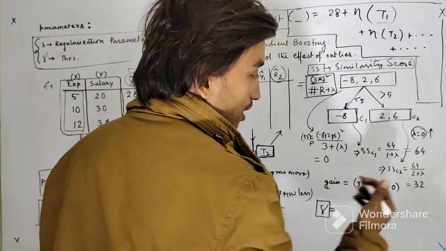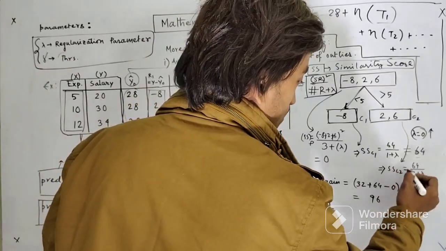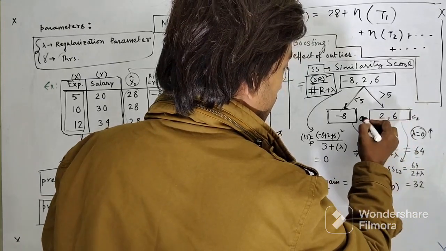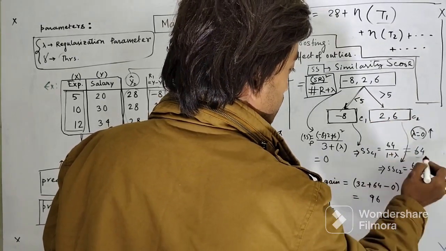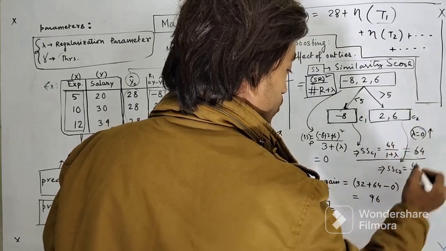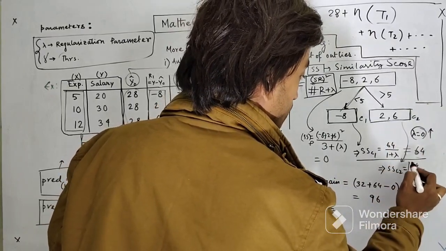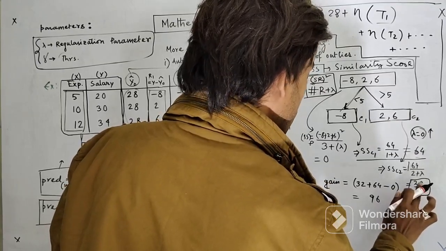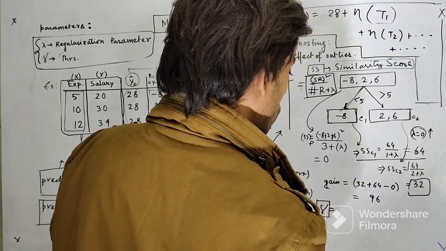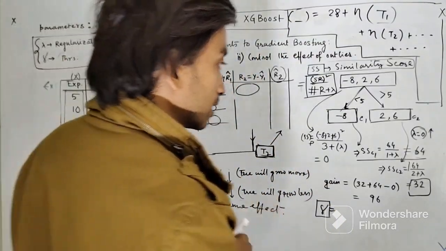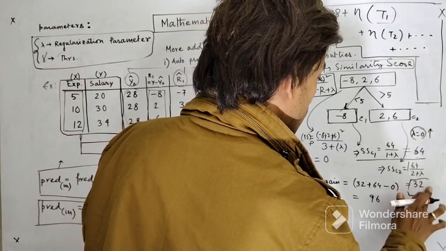Similarly for child 1 node this is the similarity score, and for child 2 node, what is the similarity score? That is 32. Sorry, I had made a slip, this is 32. How?